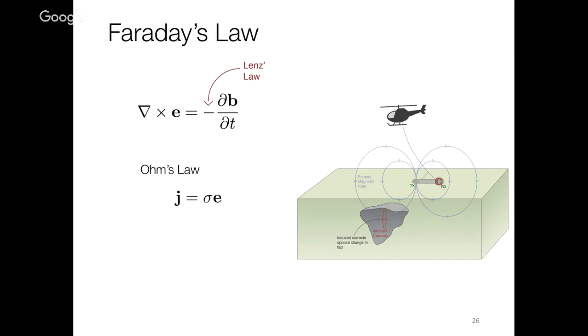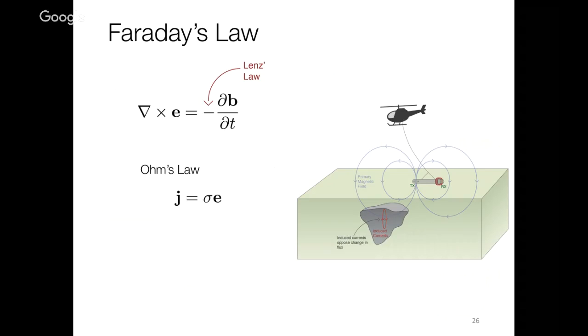I put a time-varying magnetic field on her like this, and let's suppose that field is increasing. Then at her position, she doesn't really like the fact that the magnetic field has changed, so currents are going to be generated. In this case, those currents are going to go counterclockwise so that when I use my right-hand rule, the magnetic field from those currents comes out towards me. So they're opposing the change.